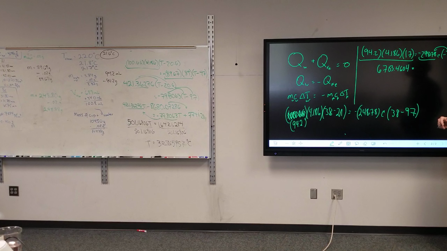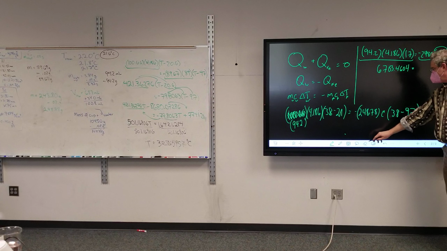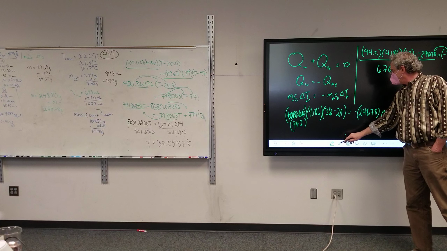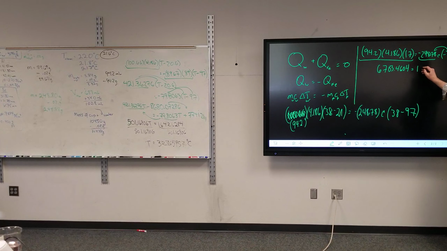The negatives will annihilate each other. 14,678.02 times the specific heat. 0.4567.